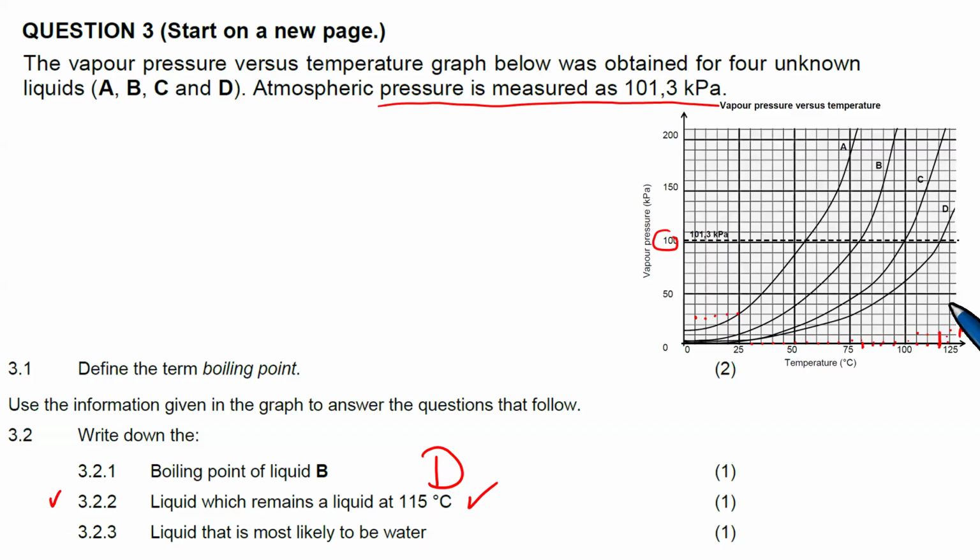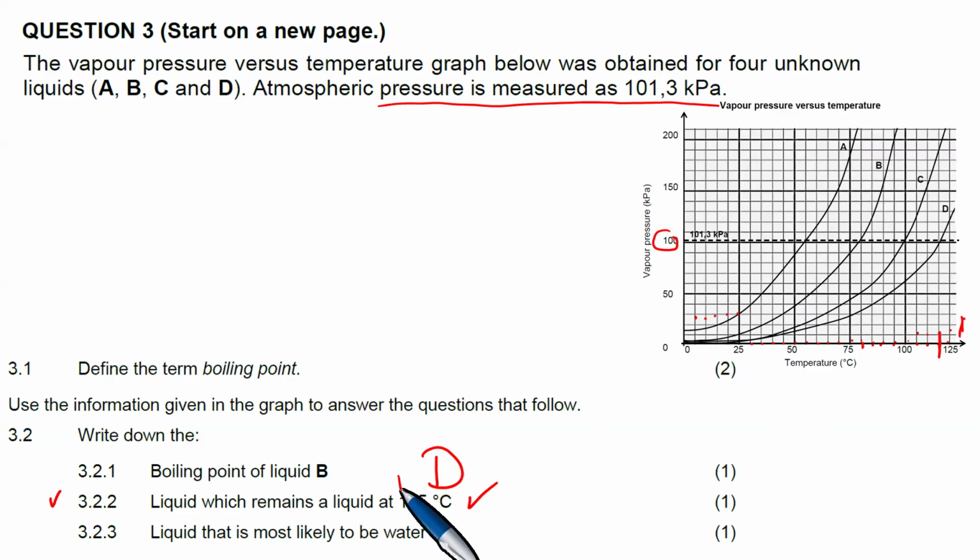It remains a liquid because at this point you have approximately the atmospheric pressure of 101, and simultaneously the vapor pressure is pretty much the same.